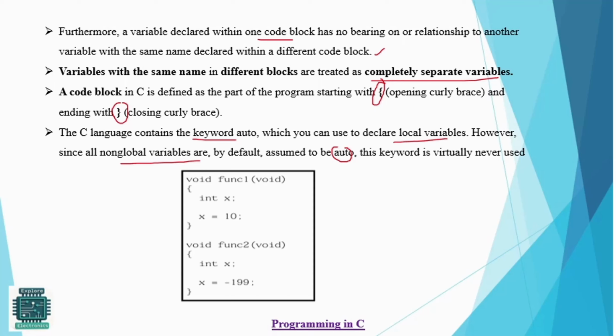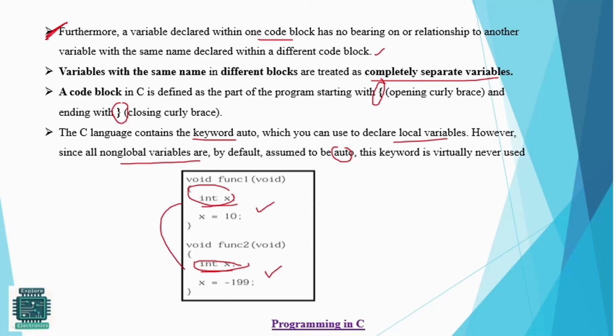Now, let us understand with an example. While function 1, here index is a local variable, and here index is a local variable. A variable declared here has no relationship with the other variable. Here I have taken index, the variable name is the same, but the meaning is different. Here the value of x is 10, but here the value of x is minus 199.